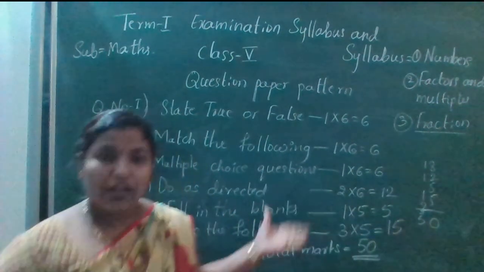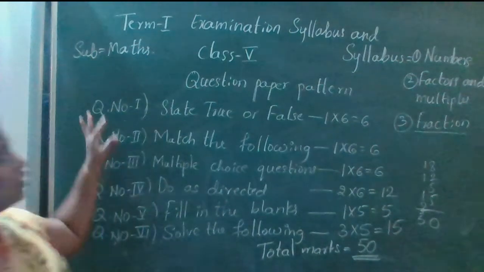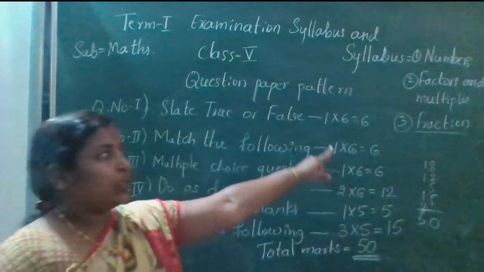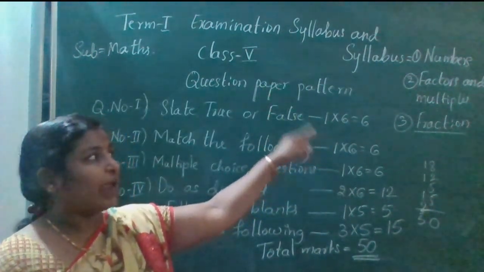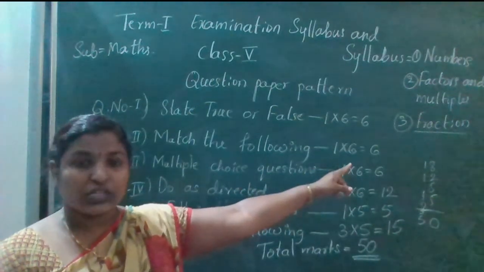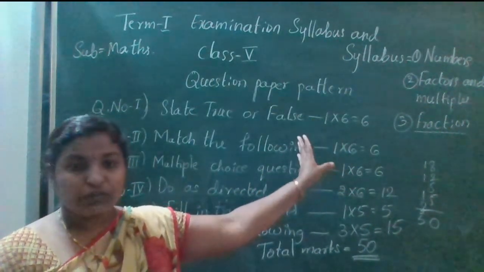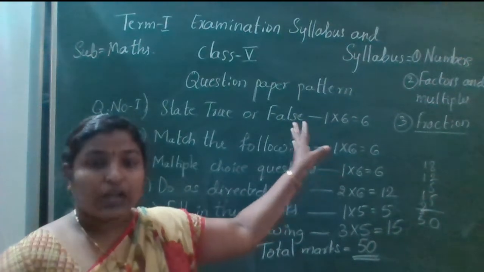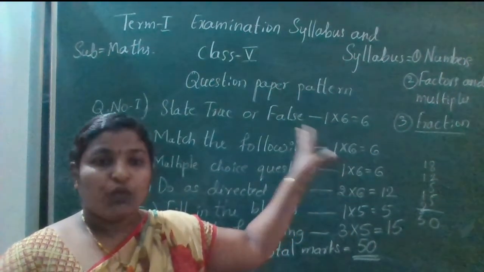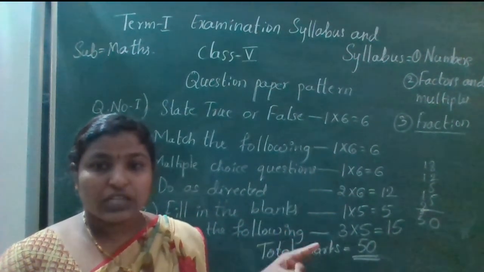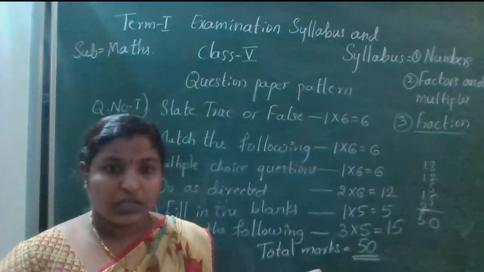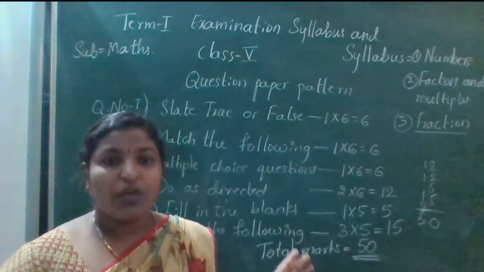Once again I am telling you, the syllabus is only 3 lessons: numbers, factors and multiples, and fractions. The whole fraction lesson we will not consider in this exam. We will consider the theory part of the fraction lesson, very basic concepts of fractions.